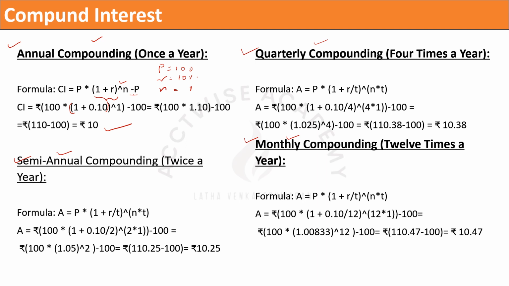Let us see how the interest changes when it is charged twice a year. For this, we have to take a factor called T, equal to 2, since it is charged 2 times a year.